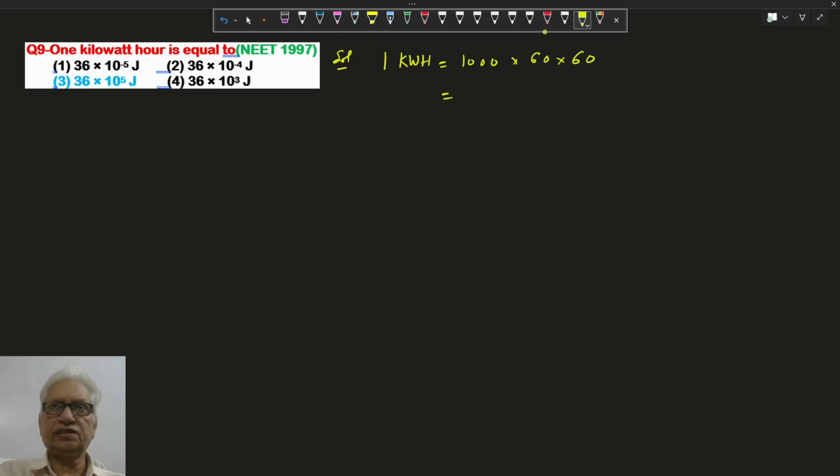So we can write here 36 multiplied by 10 to the power 5, or 3.6 into 10 to the power 6. So 1 kilowatt hour is equal to 3.6 into 10 to the power 6, or can be written as 36 into 10 to the power 5 also. So option C.